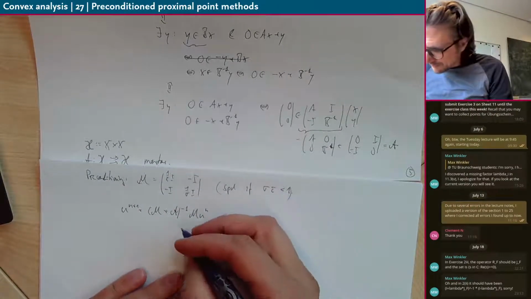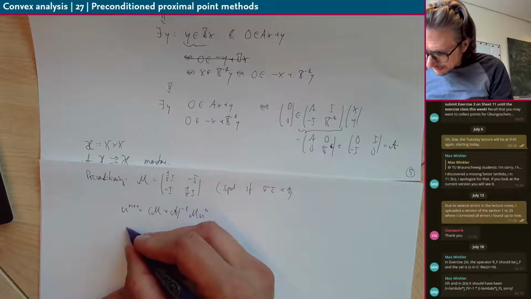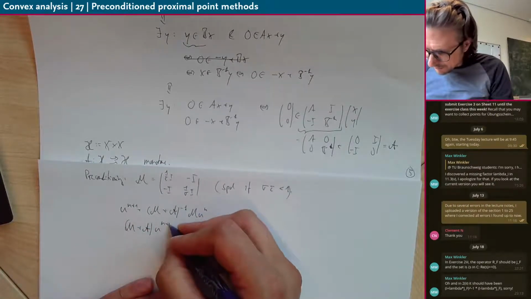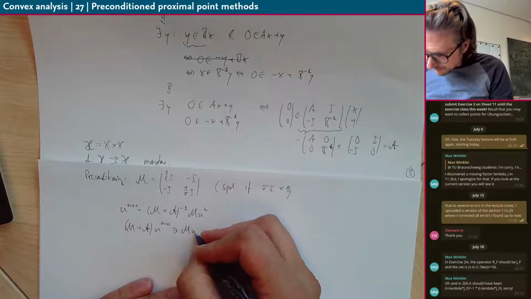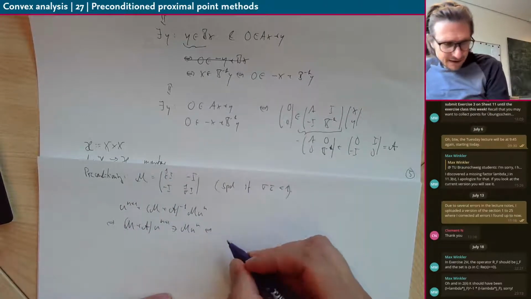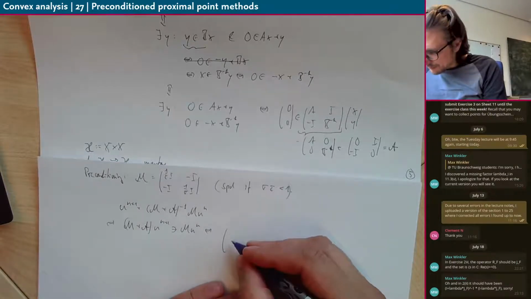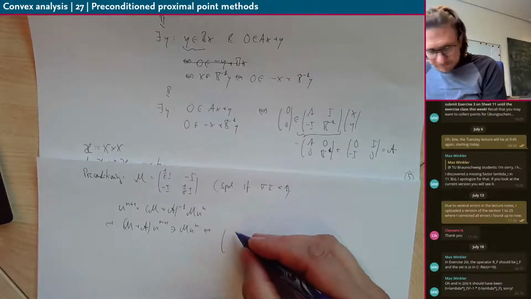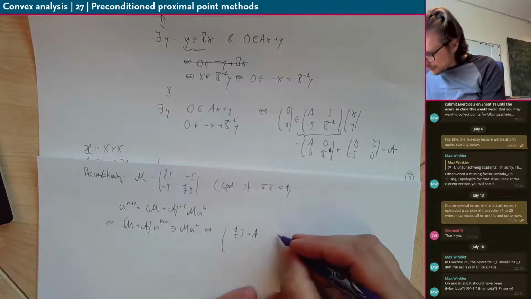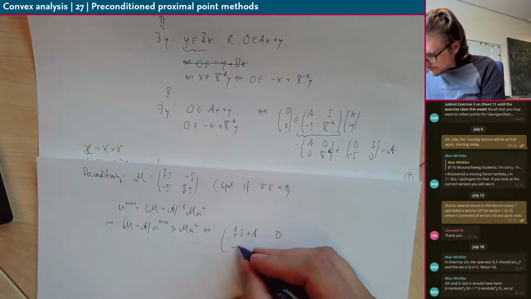We can rewrite this as M plus A applied to u^{n+1} contains M u^n. That's the same thing as what we did before, more or less. Here we have 1 over tau identity plus A. Here we have 0. Here we have minus identity.